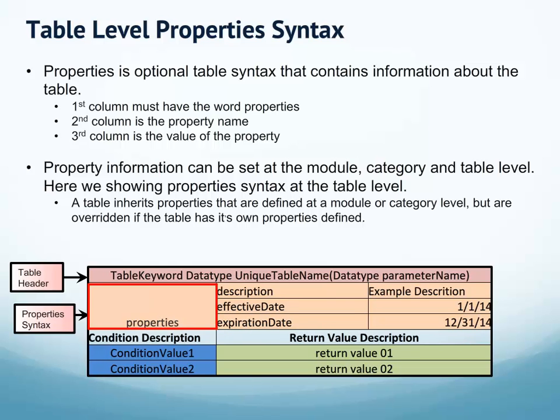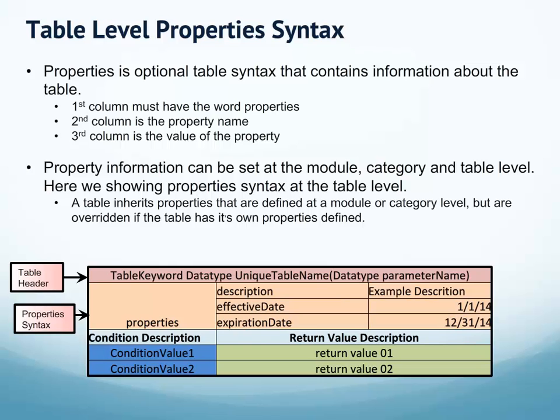The first cell in the properties row contains the keyword properties, and it is merged across all the cells in the column if more than one property is defined. It's important to make sure that you merge properly. The number of rows in the properties section is equal to the number of properties defined for the table. Each row in this section contains a pair, which is the property name and the property value.